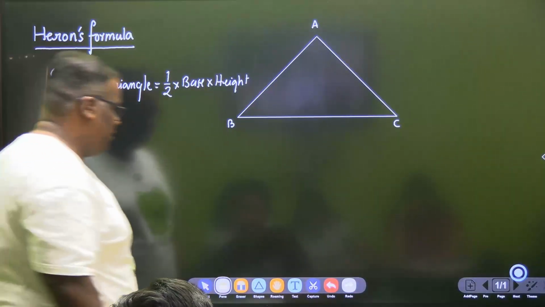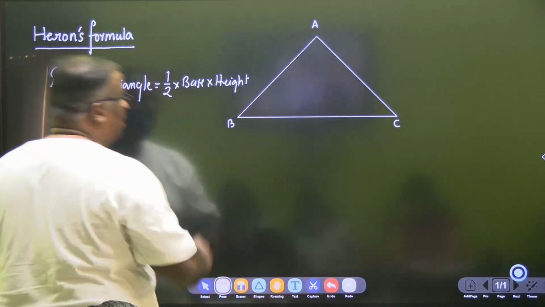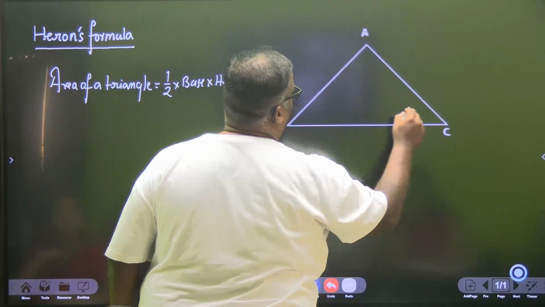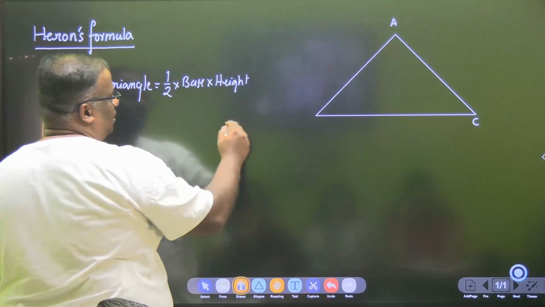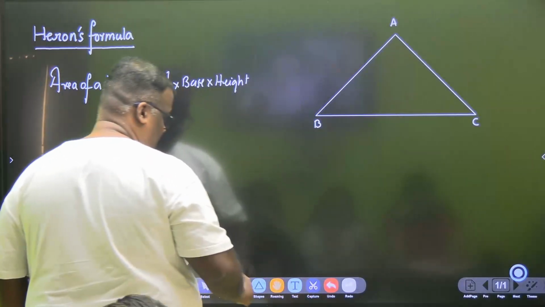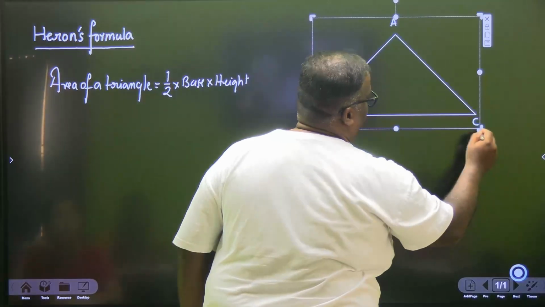Now it all depends how the triangle has been presented to you. The way I have presented this triangle, it becomes very easy for you to understand that the base would be BC. ये BC इस triangle का base होगा, है ना बच्चा?